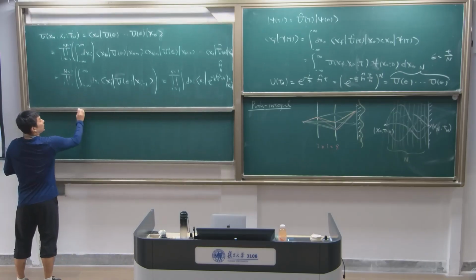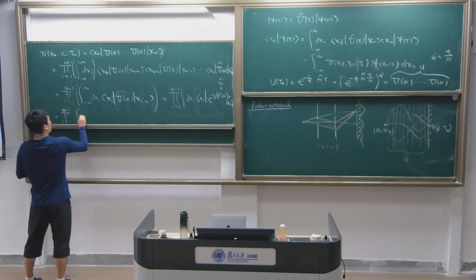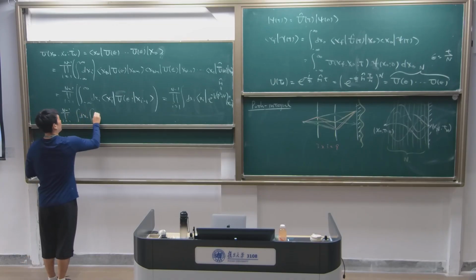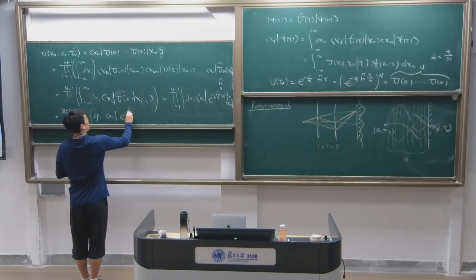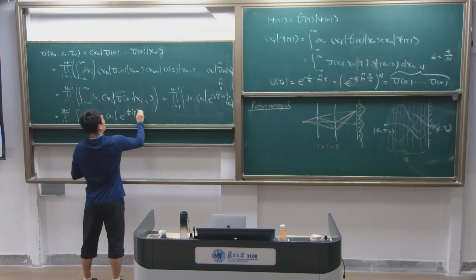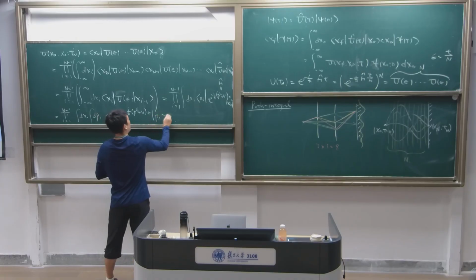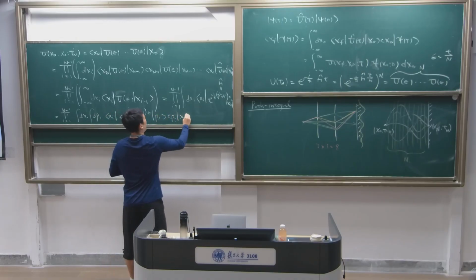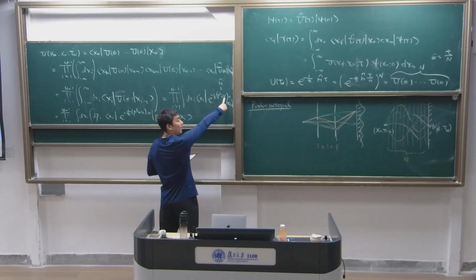And now what we need to do is to insert the position operator. So dx_i and dp_i, and then what we have is ⟨x_i|e^{-(i/ħ)(p²/2m)ε}|p_i⟩⟨p_i|x_{i-1}⟩, and here V only depends on the coordinate x, not the momentum p.